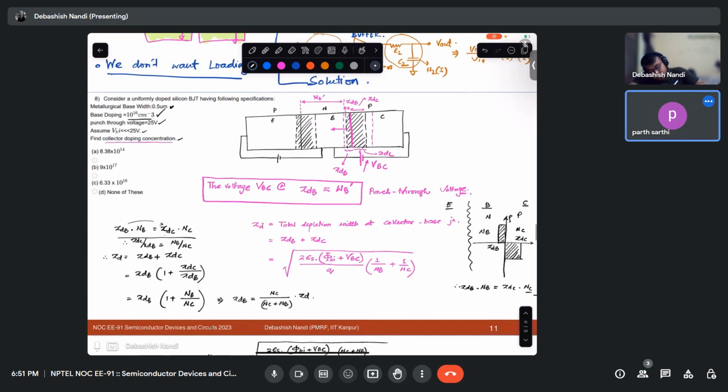At this voltage XDB will be entirely at this location, this depletion edge. It is also given that VBI you can think of as much less than 25 volts.